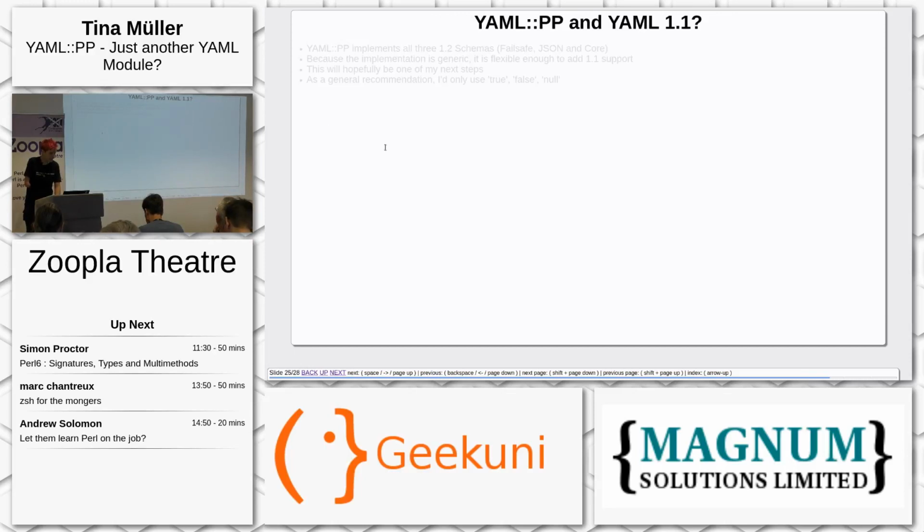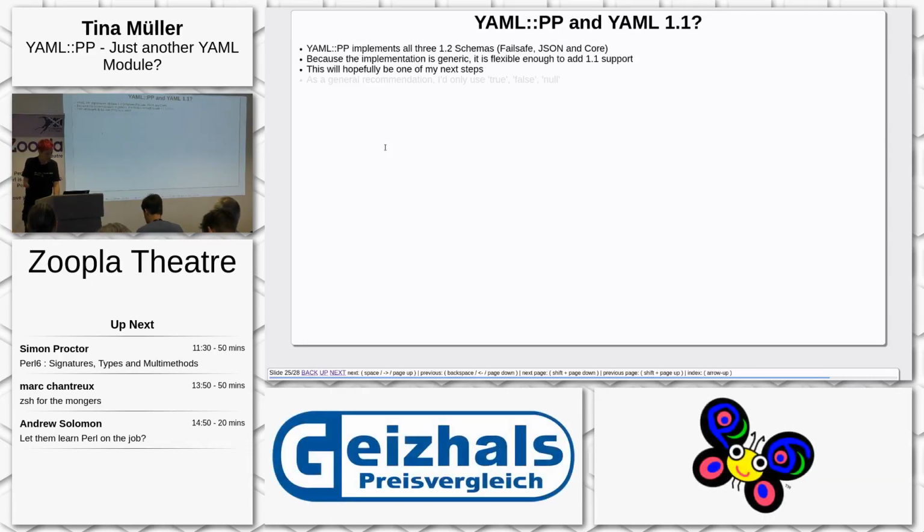Because I implemented all these 3 schemas in YAML PP in a very generic way, I'm able to add YAML 1.1 support. So you can actually load your YAML documents you were reading until now with YAML PM or YAML XS, hopefully. And I want to add support for this soon, if I get time.